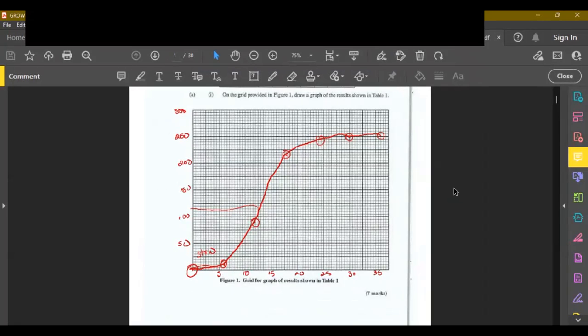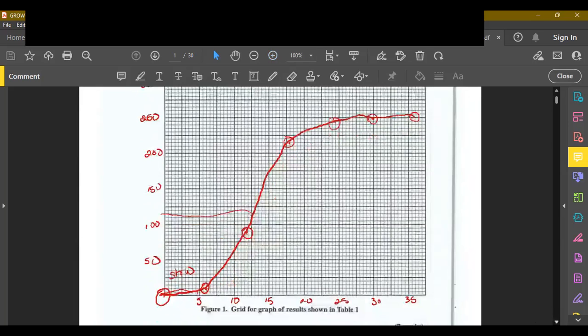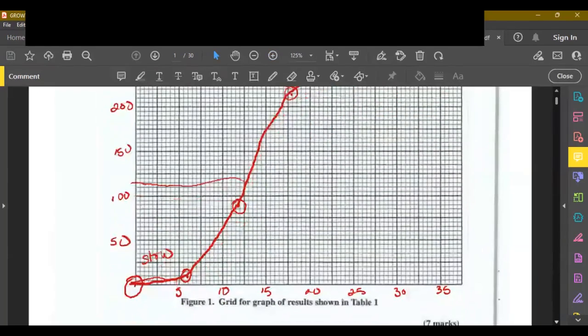What do you think estimation is? And then they go quiet again. Guys, don't go quiet. Am I zooming in? Talk to me. Miss, how much does each small box represent?